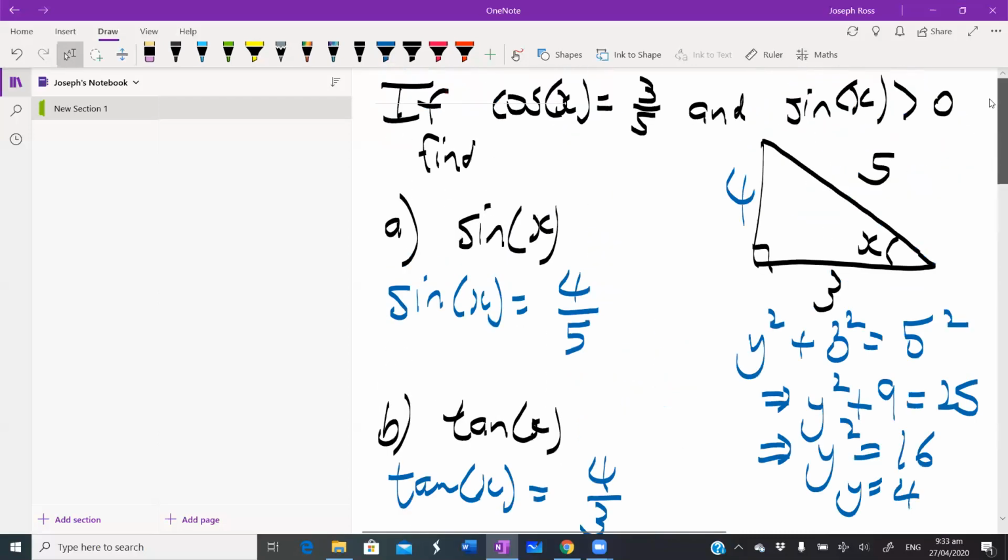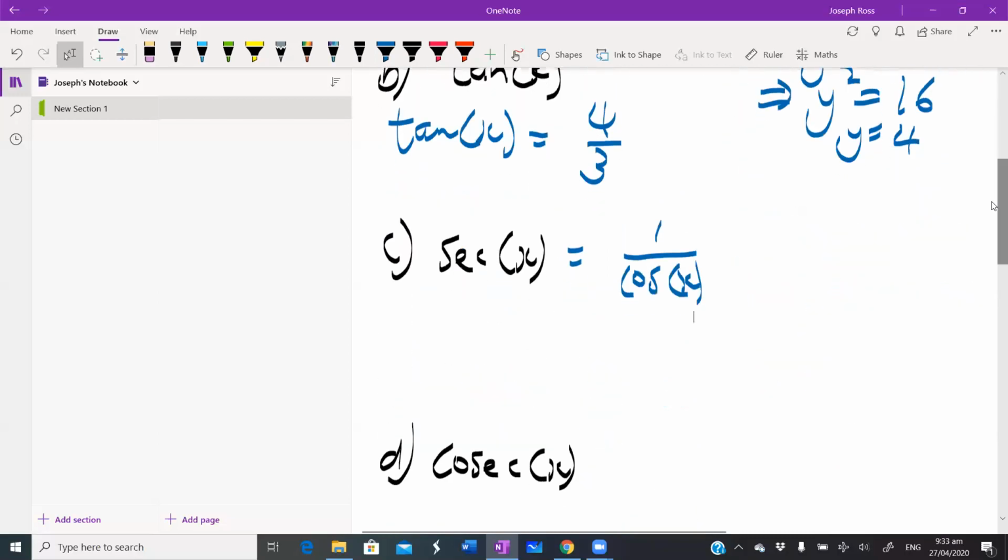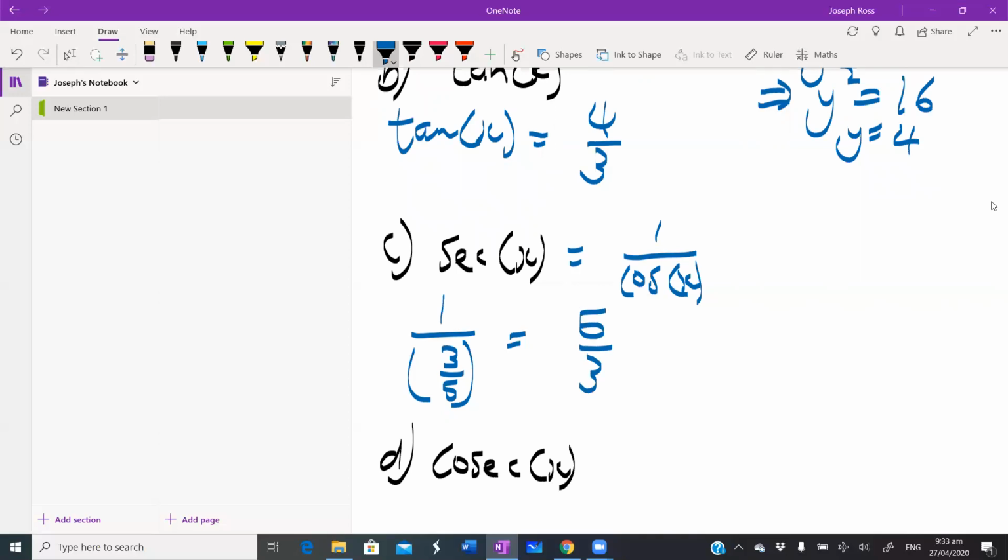We know that cosine x is 3 over 5, so this is going to be 1 over 3 over 5, and if we've got 1 over a fraction, we can simplify that by turning the fraction upside down. So 1 over 3 over 5 is just 5 over 3. And let's make it clear that that is a 5 and not a 6.